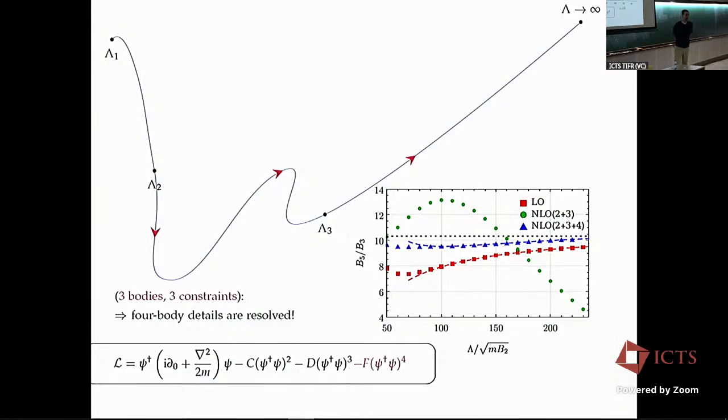It depends on the energy of those states. So your theory is expected to break down for momenta beyond a certain breakdown scale.